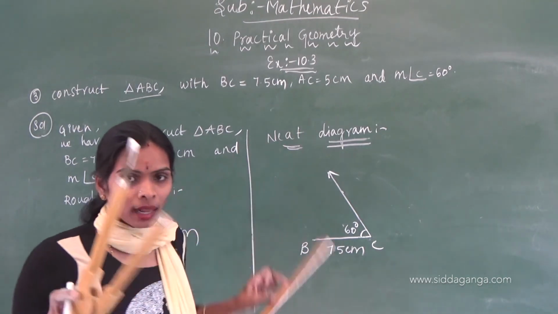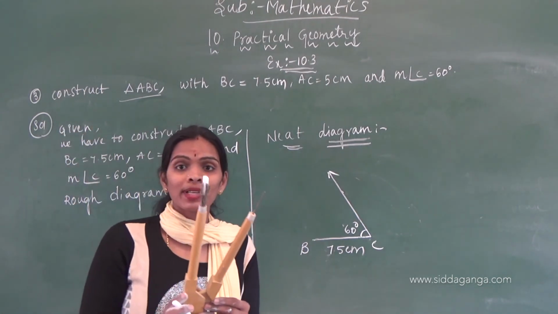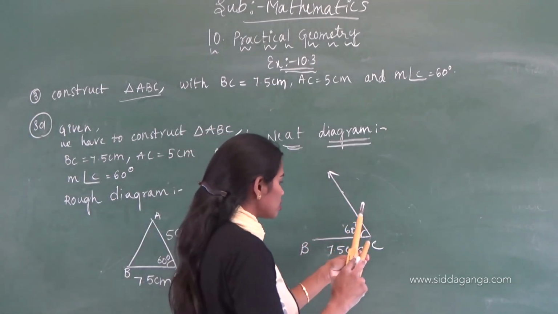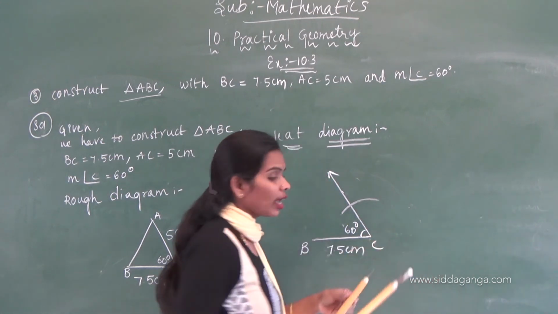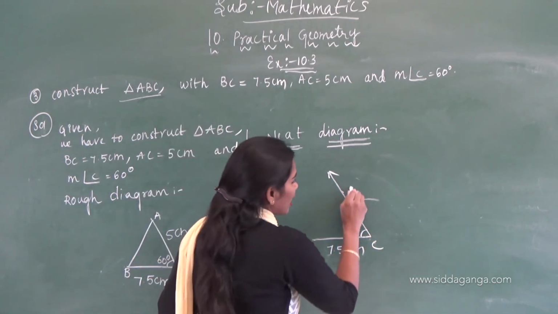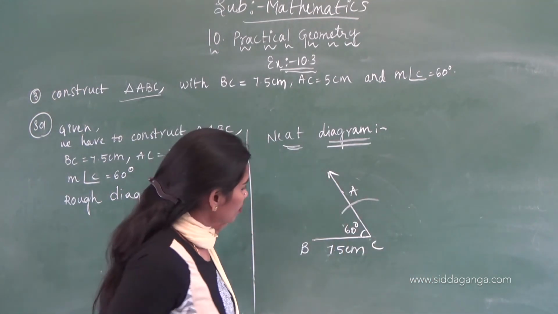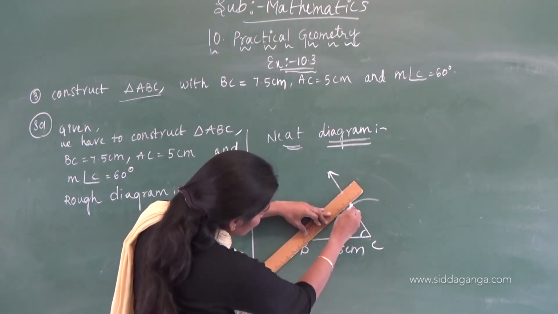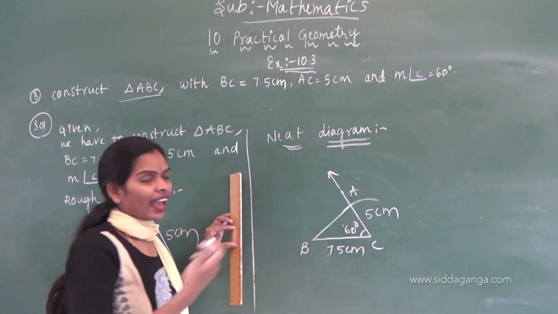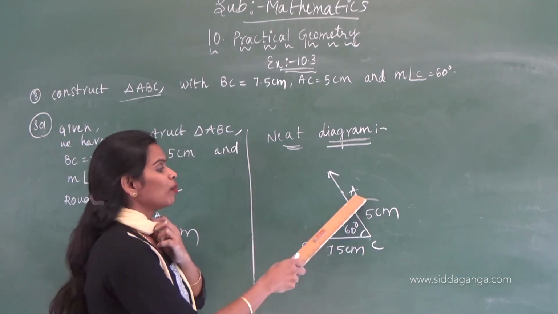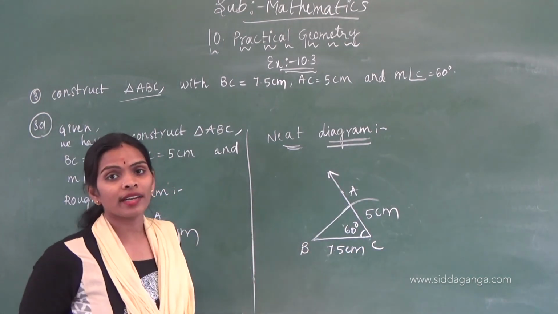Okay. Here I have measured with this compass 5 centimeters, and I am cutting this ray, and I am labeling this as A. Then I have joined AB, naming AC as 5 centimeters.